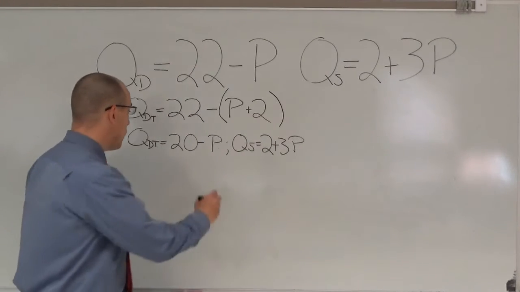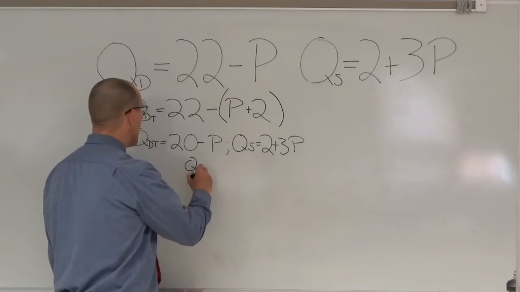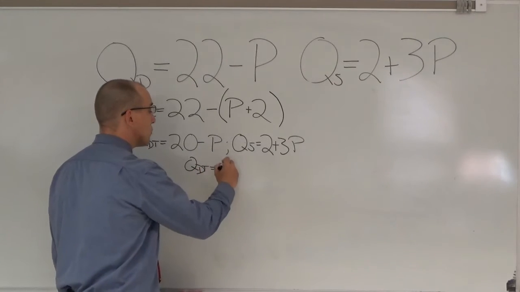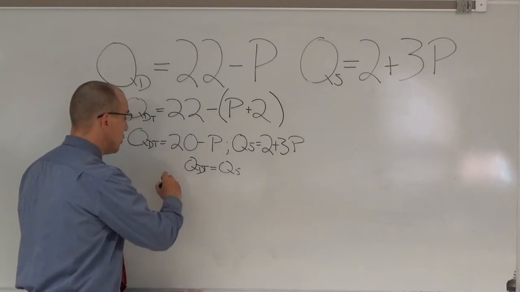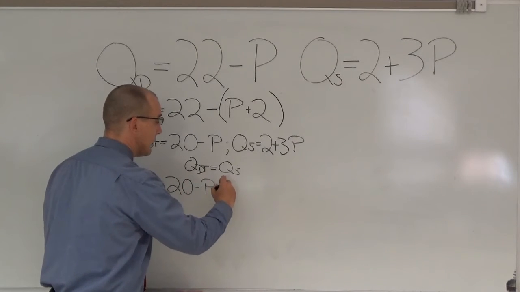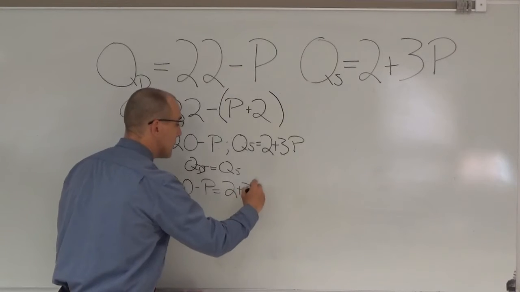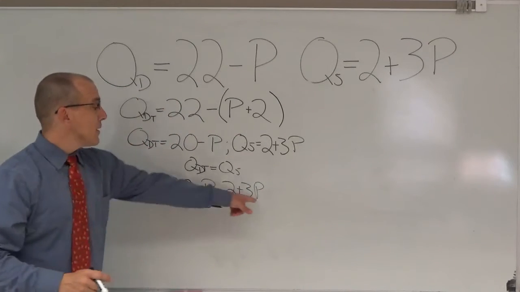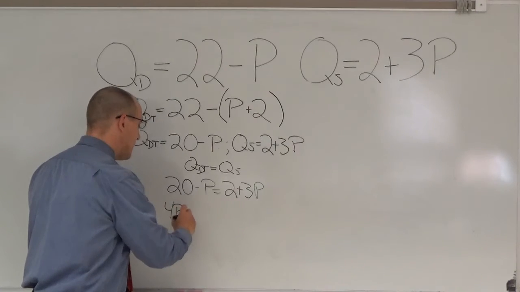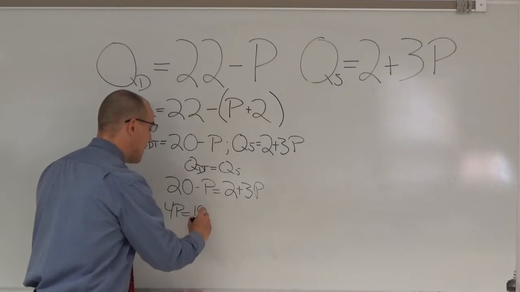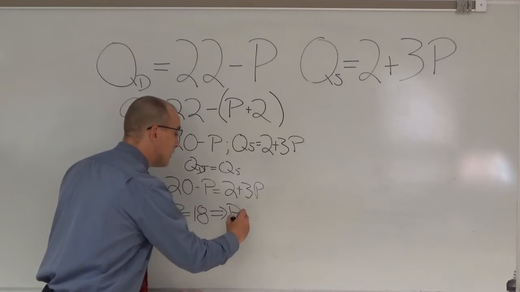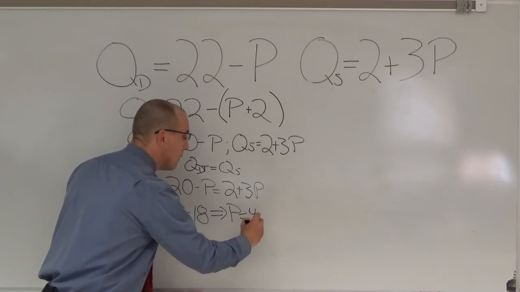To solve now, I go to my equilibrium condition, quantity demand with tax equals quantity supply: 20 minus P equals 2 plus 3P. We move this around and get 4P equals 18, which gives me a price of 4.5.